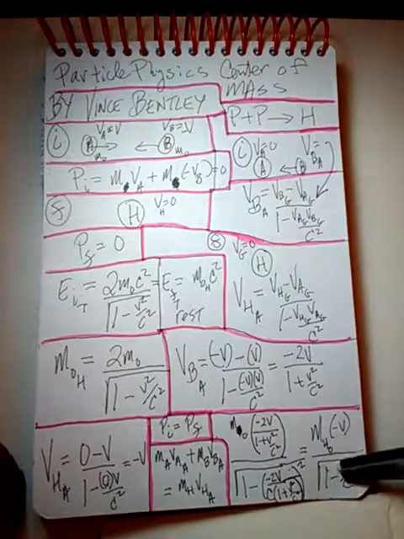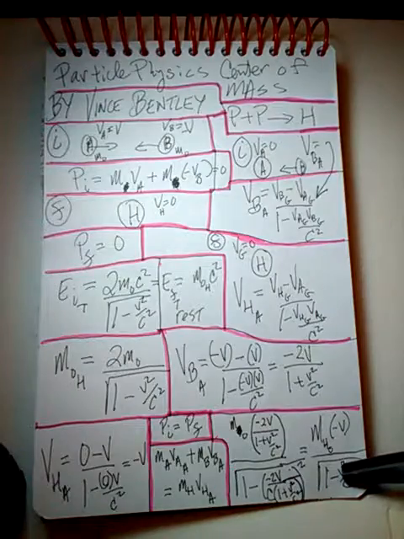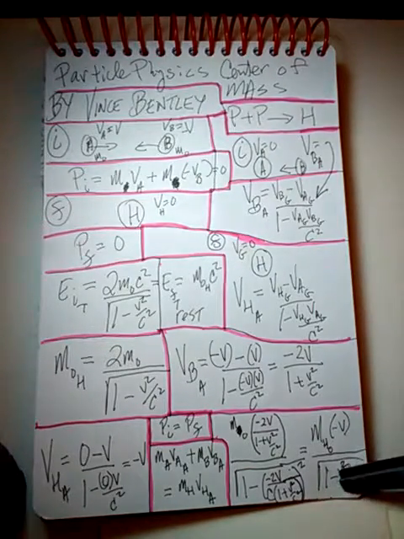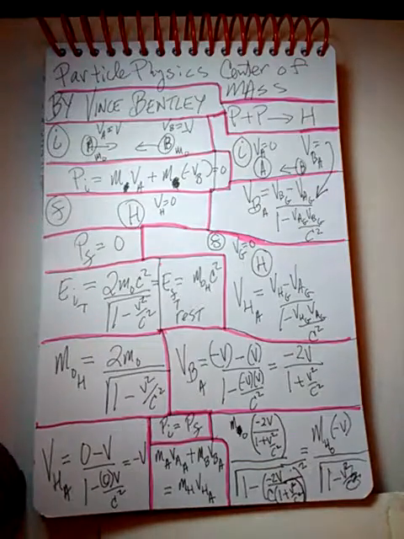We put a negative V here, but of course it's V squared, and V squared is just positive V squared, so I don't have to put a negative in there. And divided by c squared as usual.